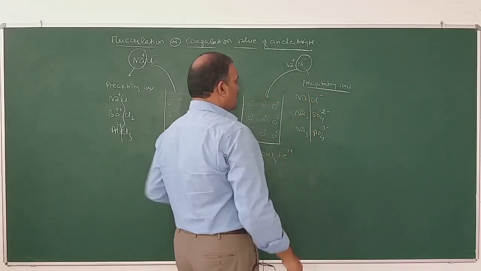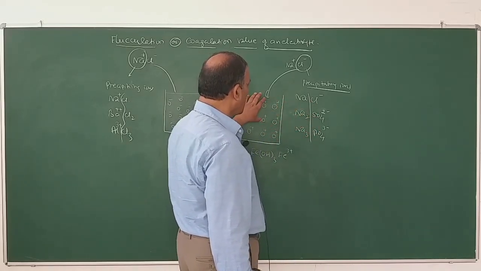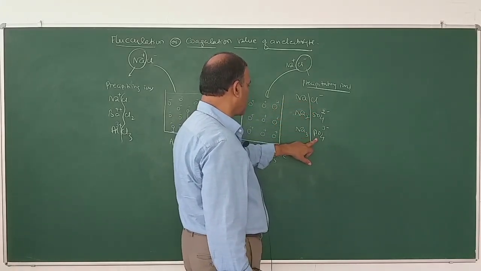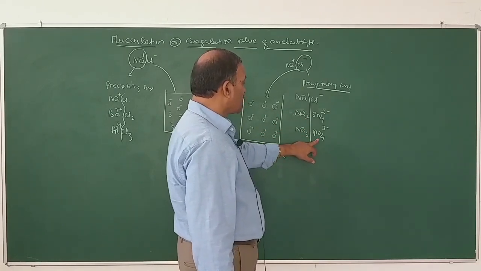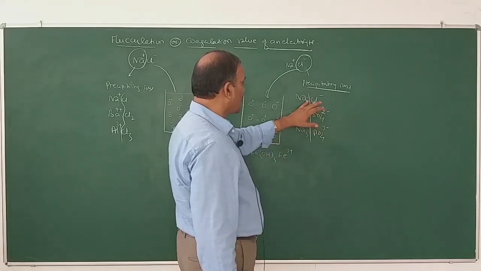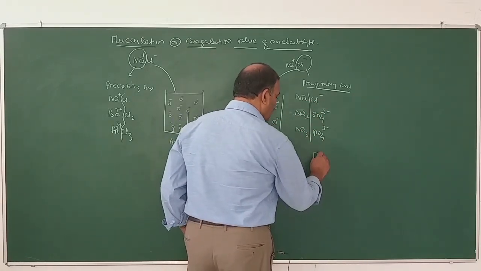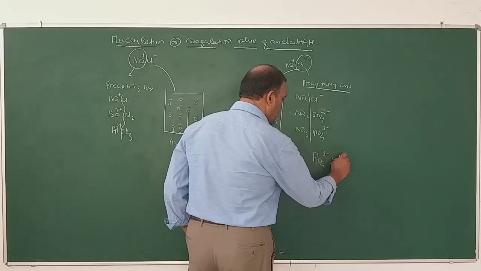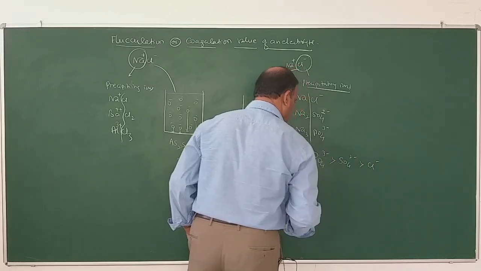As the valency increases, we can precipitate this positive salt either by addition of sodium chloride, sodium sulfate, or sodium phosphate. Which is more effective? Phosphate ions are more effective than sulfate ions, which are more effective than chloride ions, because the valency of phosphate is 3. Therefore, the precipitating power of PO4 3 minus is greater than SO4 2 minus, which is greater than Cl minus.